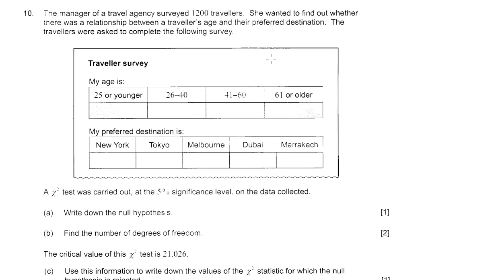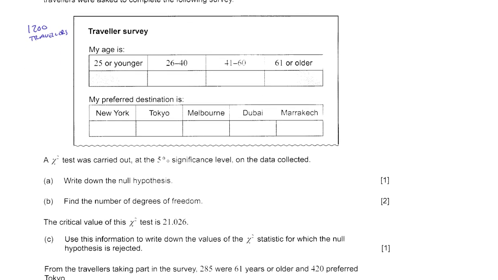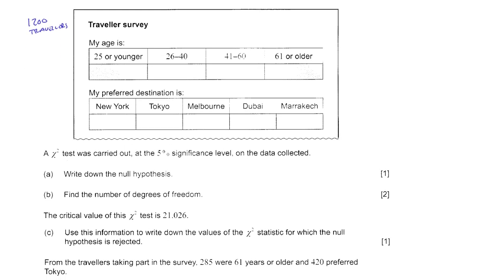So there's 1,200 travelers. Let's move that so we can see the rest of what's going on here. Write down the null hypothesis. The null hypothesis, hopefully you remember, is the one that they are not connected together, meaning that they're independent.